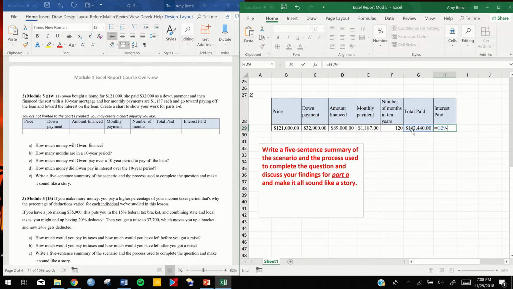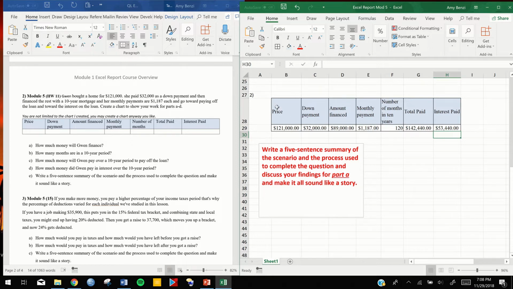But no, because that's not counting her 32 grand she put down. She borrowed 89,000. So how much is the actual interest that she paid? Well, it's the total amount she paid minus the amount she financed. So she paid $53,400 in interest.